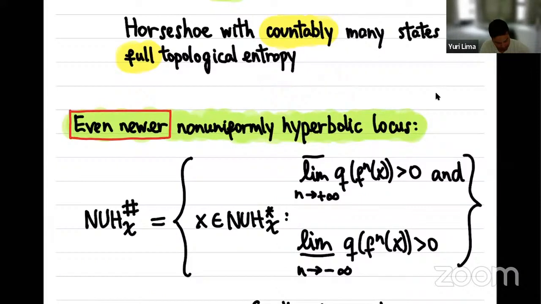So asking the point to have this lim sup bigger than 0 in the future and in the past means that its trajectory is visiting a single passing set infinitely often in the future and in the past. So this is the kind of recurrence that we are adding to this subset, for which we have not considered recurrence yet. And so this will be the good set in which we will be able to satisfactorily find a Markov partition.